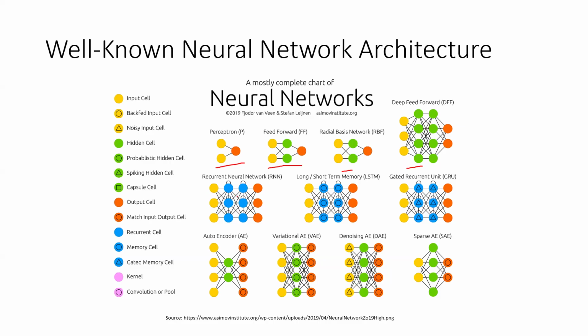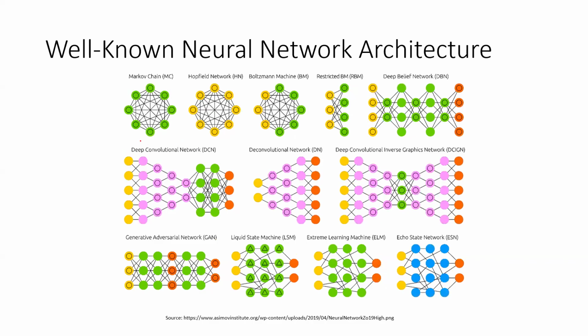There are some loop connections in some neural networks known as recurrent neural networks, LSTMs and GRUs. And there are some neural networks that have smaller middle layers and larger inputs and outputs, known as autoencoders. There are different forms of autoencoders, such as variational autoencoders, denoising autoencoders, and sparse autoencoders.